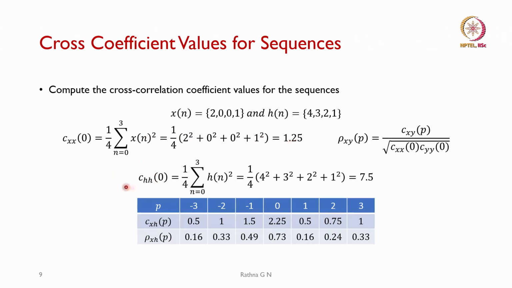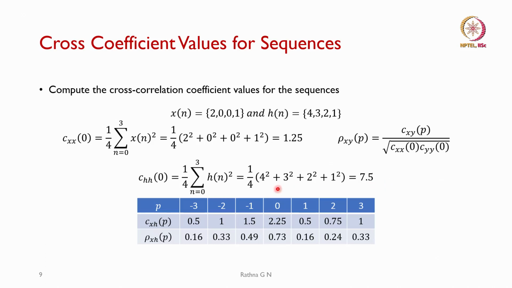And the autocorrelation of the h signal at 0 is equivalent to 1 by 4 into the sum over n equal to 0 to 3 of h of n squared. When you substitute these values you will get 7.5.